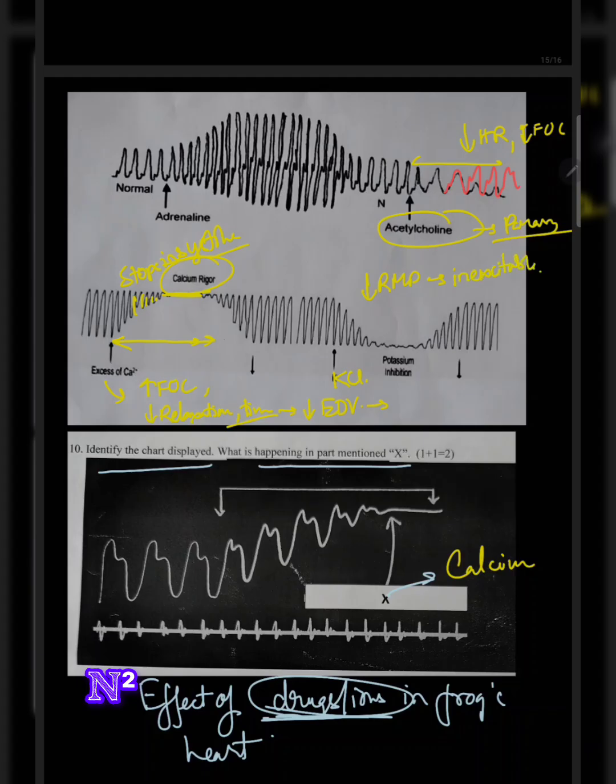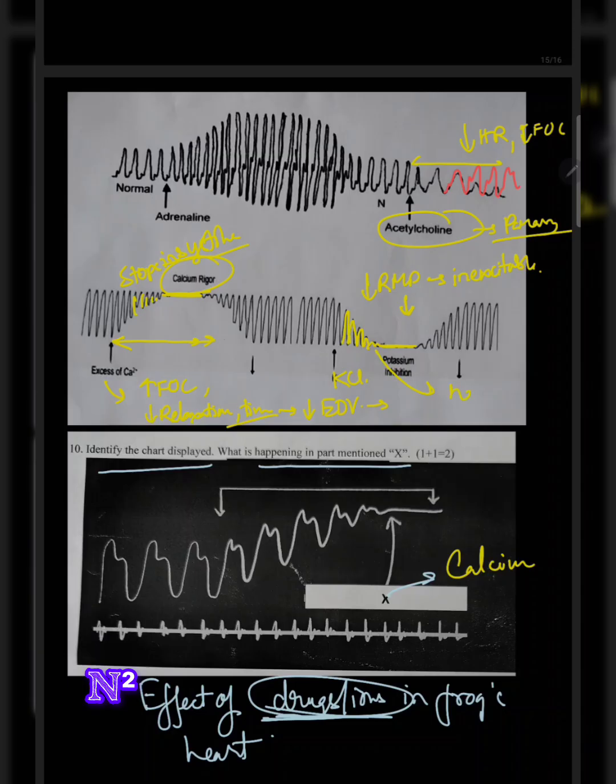So when the cardiac tissues are not responding well, it means it's not in a systolic phase, it's in a diastolic phase, a partial relaxation. A time will come when the rate will decrease and the force of contraction will decrease.